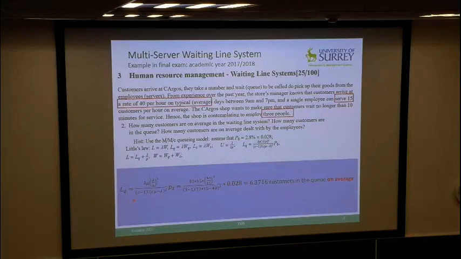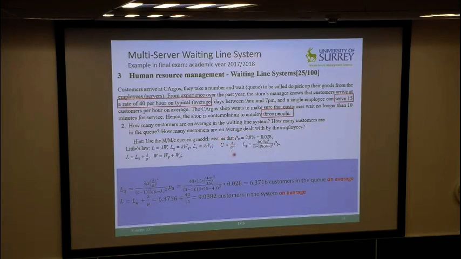And okay, if you have LQ, you could think about whether it's possible to calculate some more, because we need to calculate also the LS and the total L. So we have LQ here, and apparently we have another equation here. L equals LQ plus LS. LS equals the utilization, but it's not this utilization.